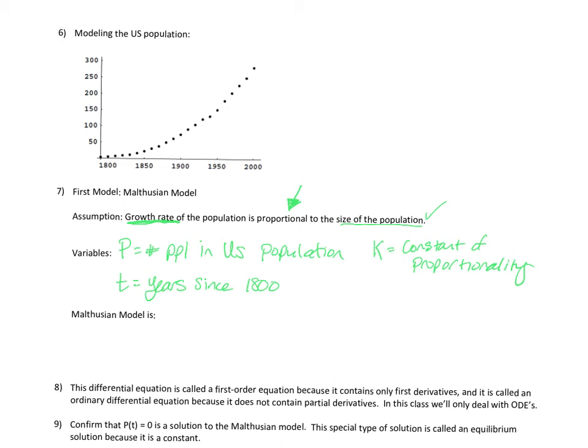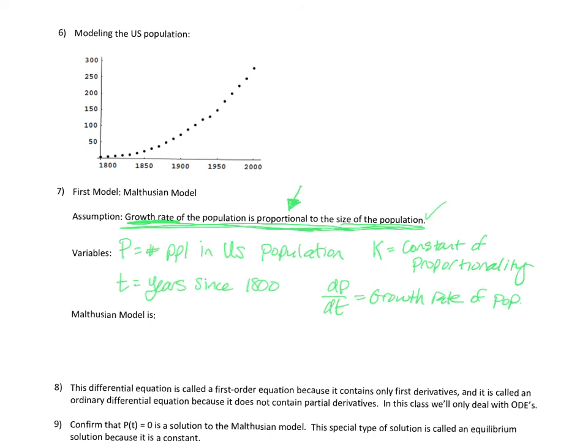So I'll just jot that down. dP/dt equals growth rate of the population. So the Malthusian model is where we just take this sentence and translate it into symbols using the variables that we identified.